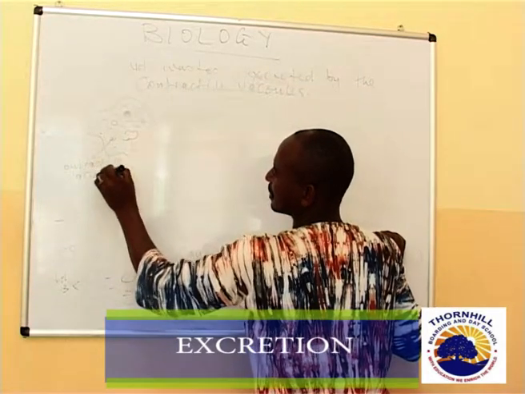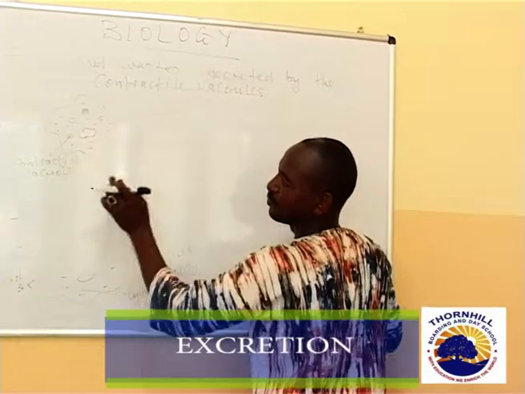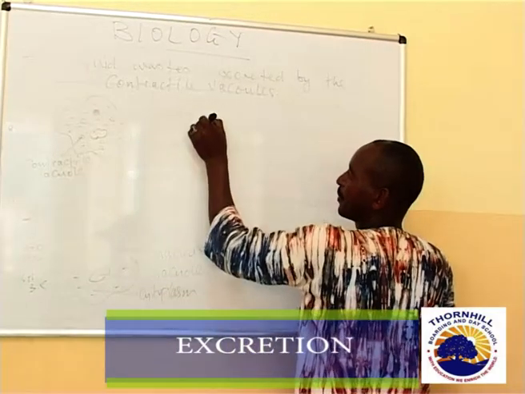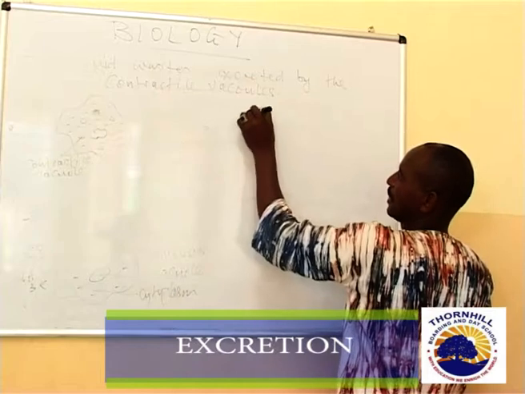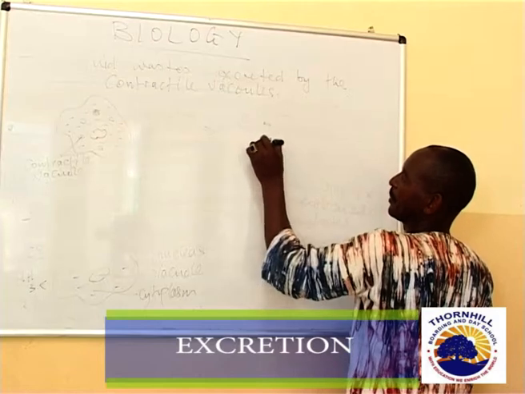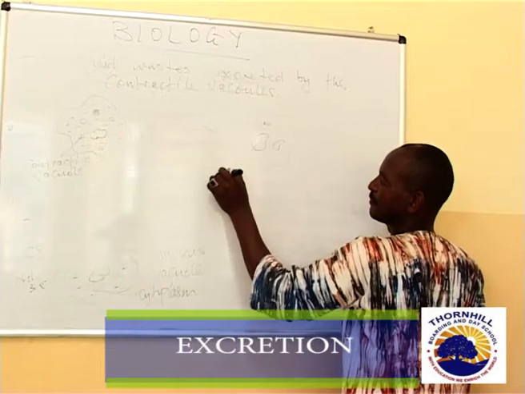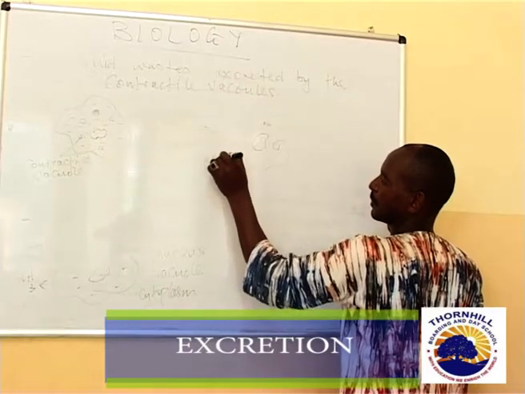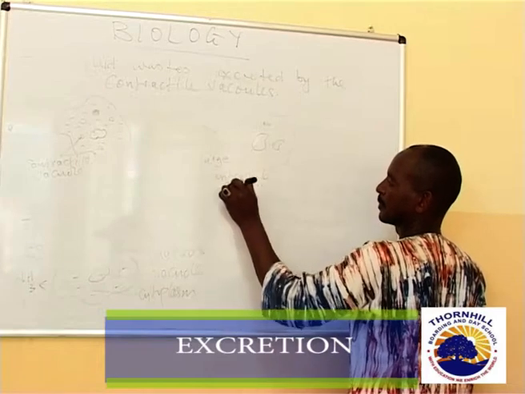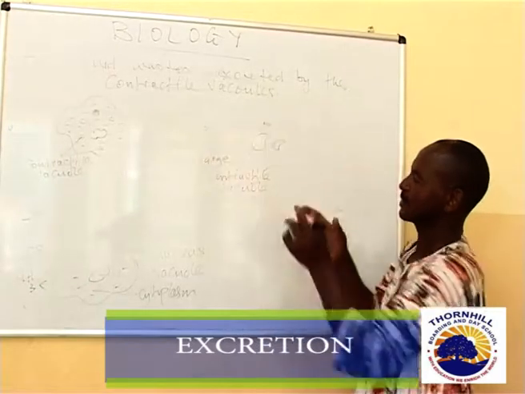These vacuoles act as pockets where the liquid wastes are going to be collected. As the liquid wastes like water accumulate, they end up forming a very large contractile vacuole, where the waste liquids will be collected.